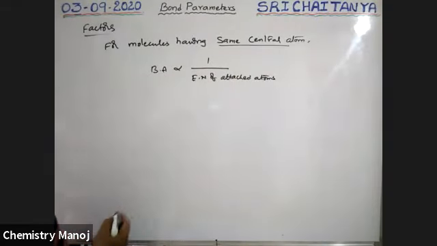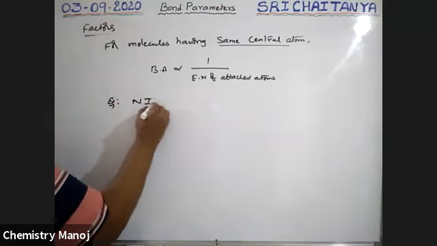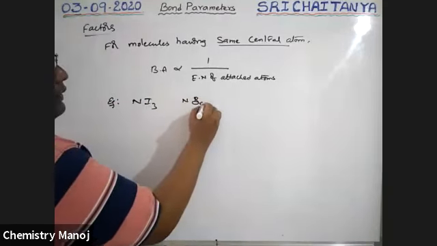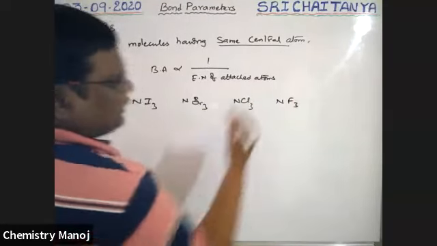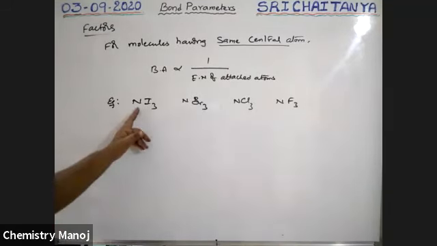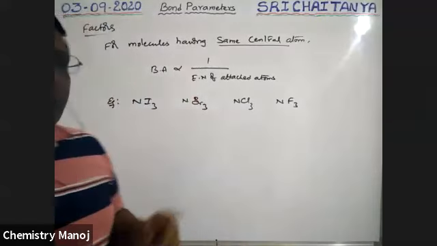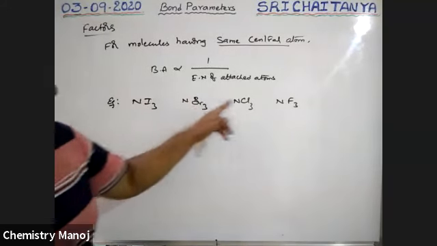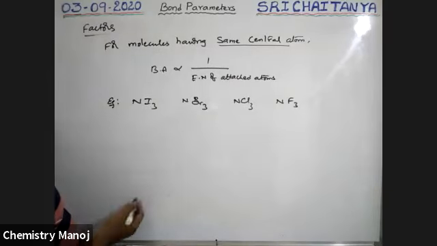For example, NI3, NBr3, NCl3, NF3. So here all central atoms are nitrogen, the same, but attached atoms are iodine, bromine, chlorine, fluorine, different.